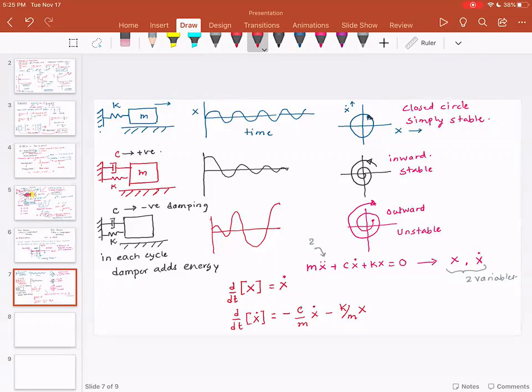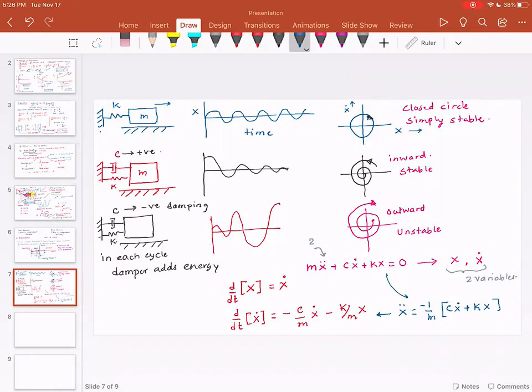And I will give you a minute to think about this transformation. So what I did here is I rewrote this expression x double dot is equal to 1 by m times minus c x dot minus k x. And that expression is written over here.